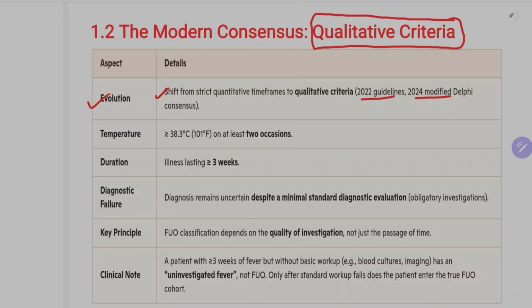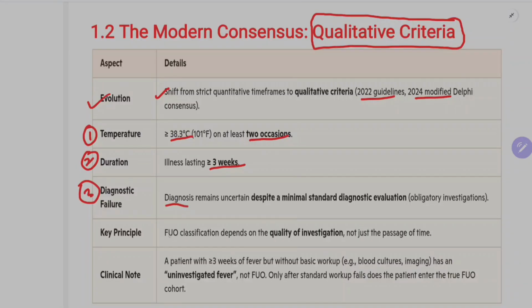According to the modern consensus, 3 criteria are required. Number 1, temperature should be at least 38.3 degrees Celsius or 101 degrees Fahrenheit on at least 2 occasions. Number 2, duration: illness should last at least 3 weeks or more. Okay, this is the changed thing in the modern context. And a very important thing, diagnostic failure.